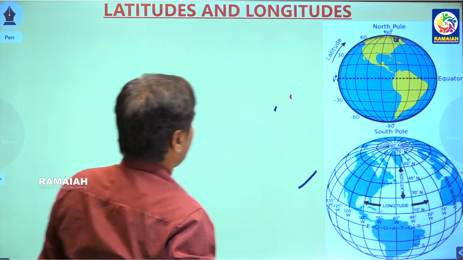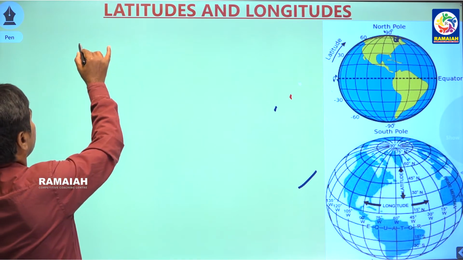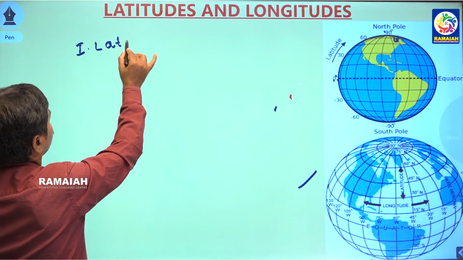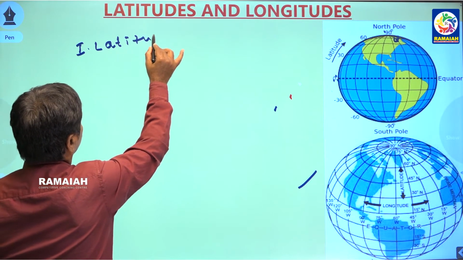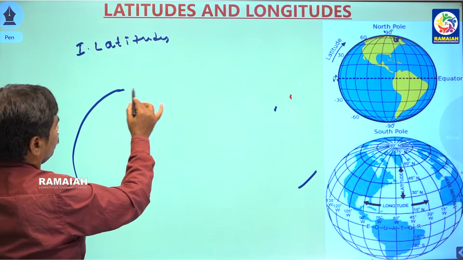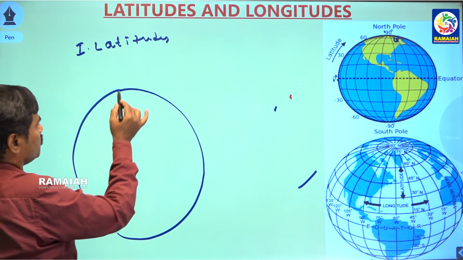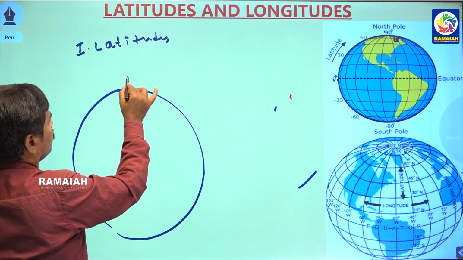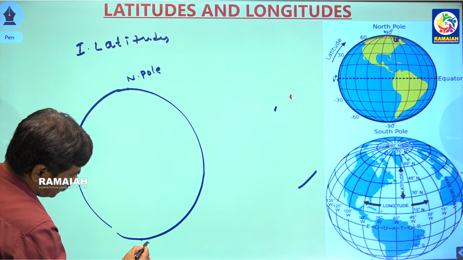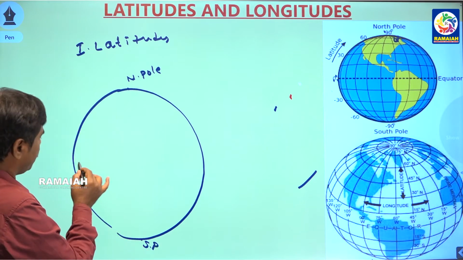So, the important latitudes on Earth's surface. Now you can see, these are the important latitudes. This is the North Pole, this is the South Pole, right?